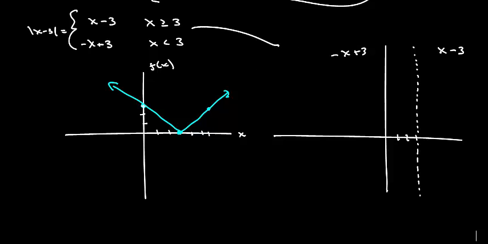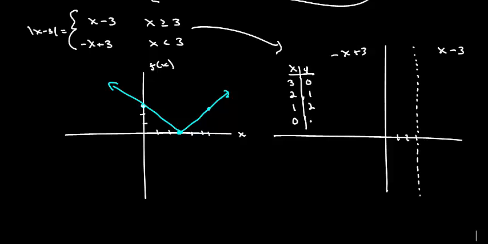So I'm using this function over here to get this graph, which is going to look exactly like this blue one over here. Let's make a little xy chart on both sides. Over here on this side, when x is 3, we would get out 0. When x is 2, because we're working on the left side, we get negative 2 plus 3, which is 1. When x is 1, we get negative 1 plus 3, which is 2.